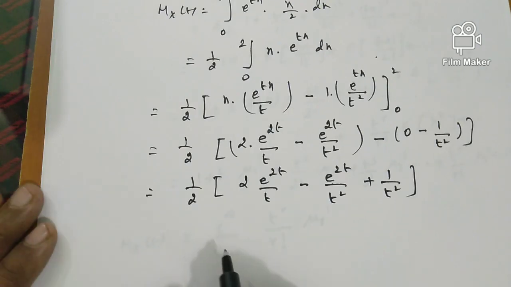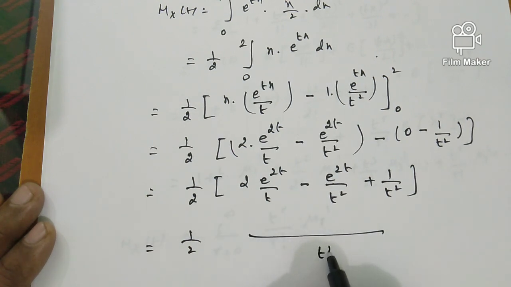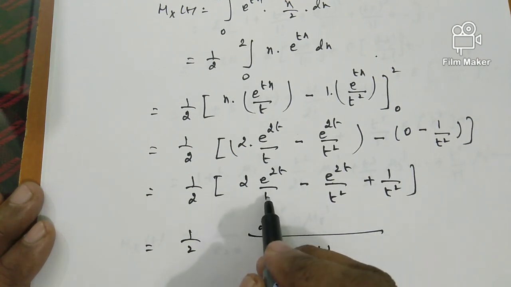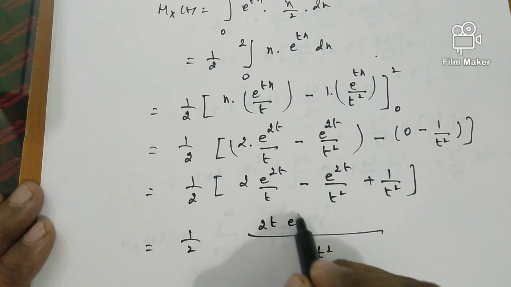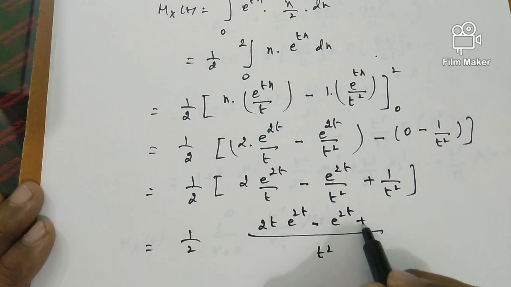Now commonly we can take t^2. Here only t is there, so 2t e^(2t), and here minus e^(2t) plus 1.